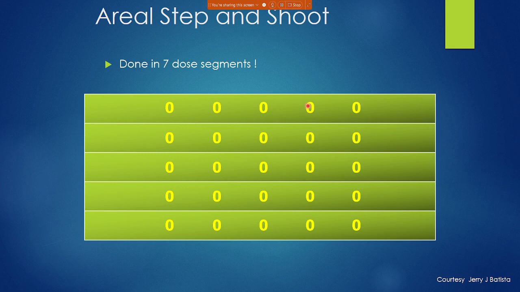And one of my students who did a project with me way back in 2006 or 2007 developed software to deliver this in 2 power using this equation. And for the fluence, she took a photograph, scanned it and converted it into fluence, and we delivered that in the linear accelerator.